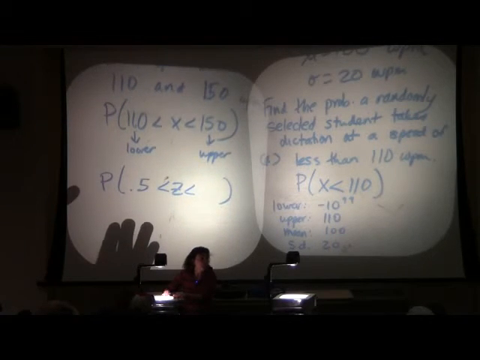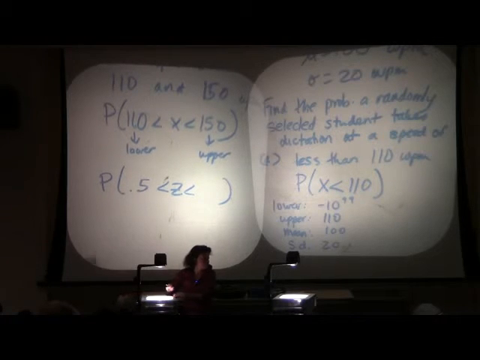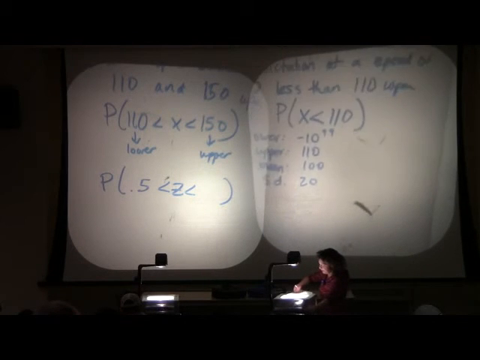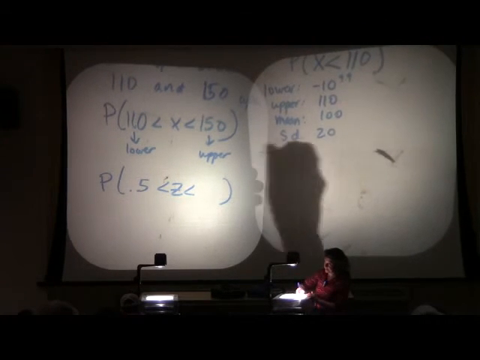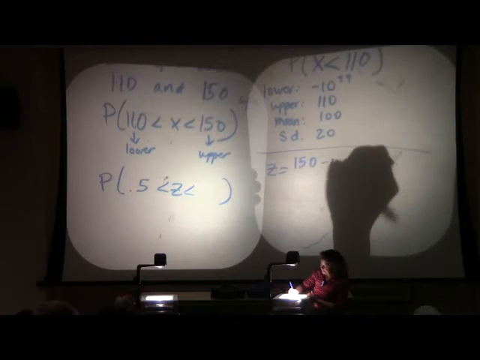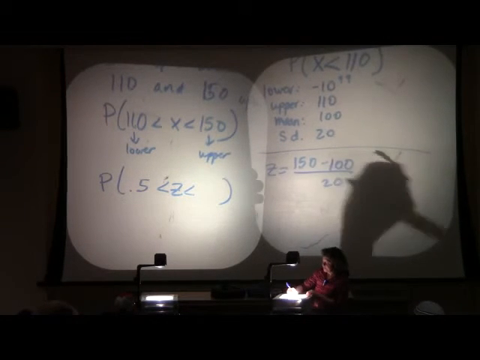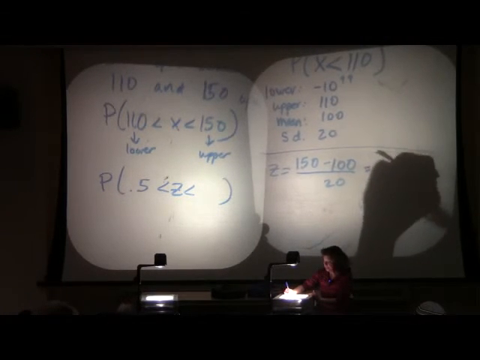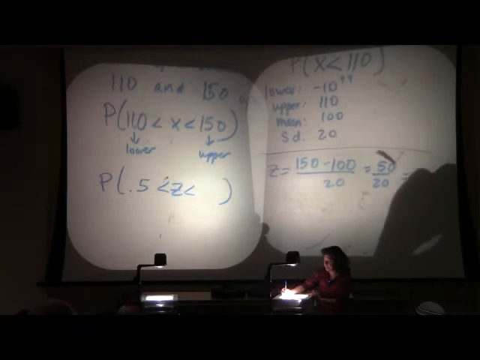So, what do we now need to do? We need to find our z-score corresponding to 150, don't we? So z is 150 minus 100 over 20. You with me there? So you get 50 over 20, which is 2.5.